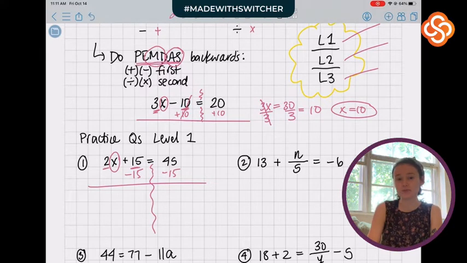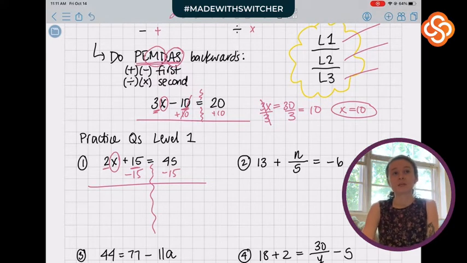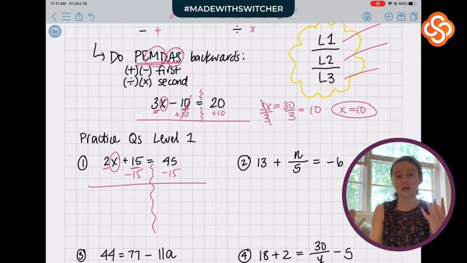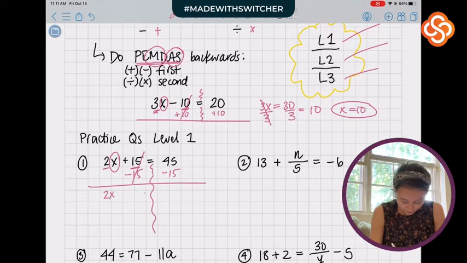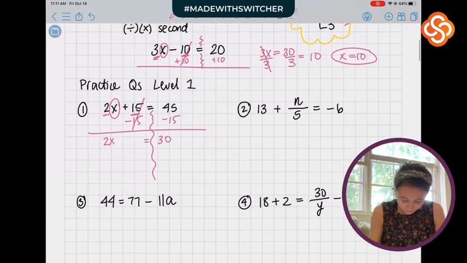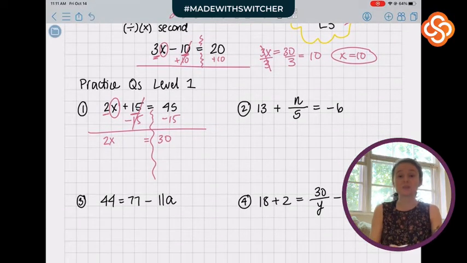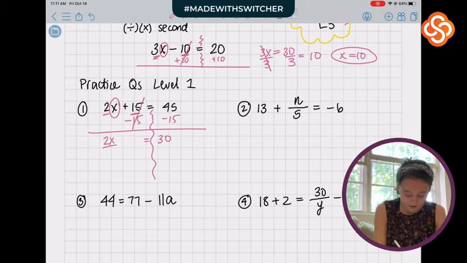Do everything on both sides of the equation, because if two things are equal to each other, they have to stay the same. So 15 minus 15 will delete. So 2x is left over. 45 minus 15 is 30. Now I have 2 next to the x. What's the opposite of multiplying by 2? Divide by 2. And I have x is equal to 15.